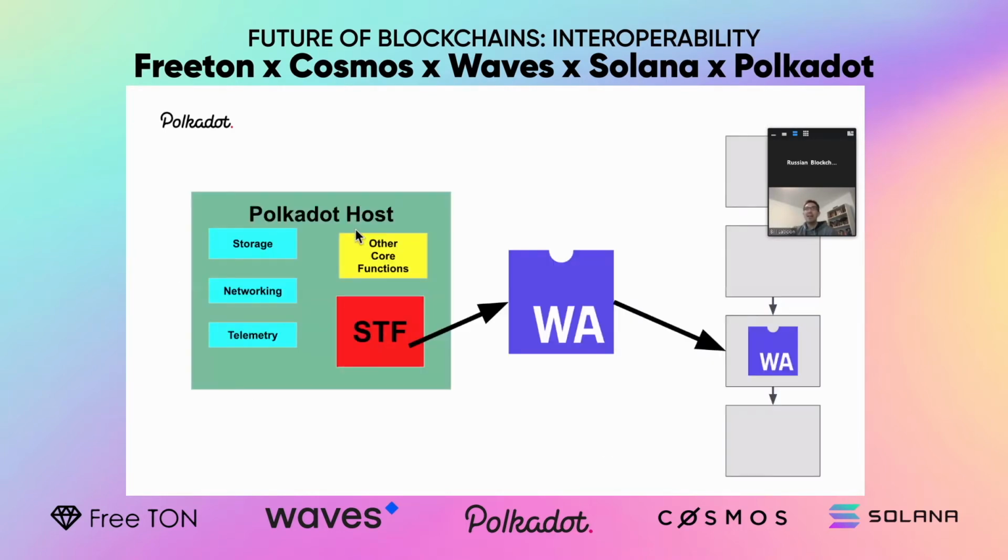So if we look at the structure of these nodes, we have something called the Polkadot host, which again is relatively similar, if not exactly the same, amongst all of these nodes, parachains and relay chains. And we have a state transition function.